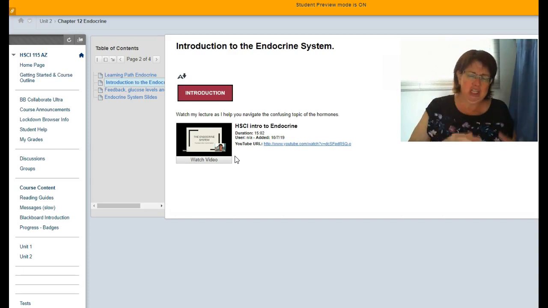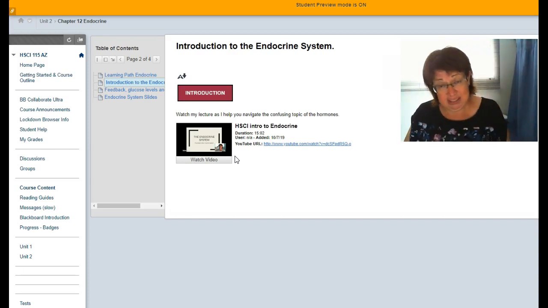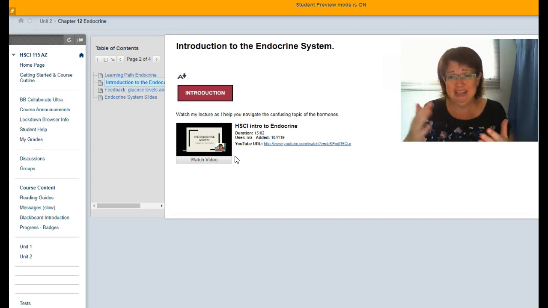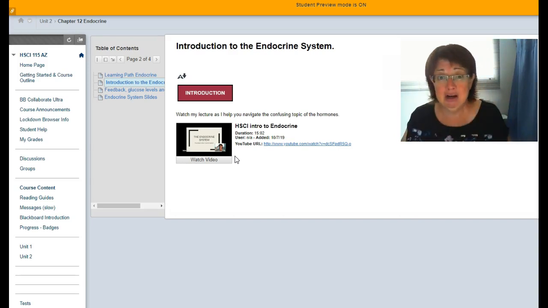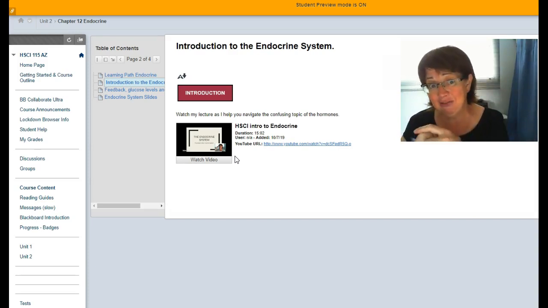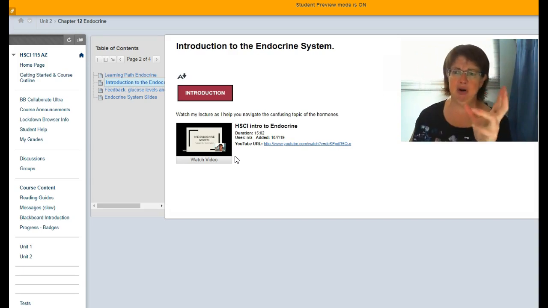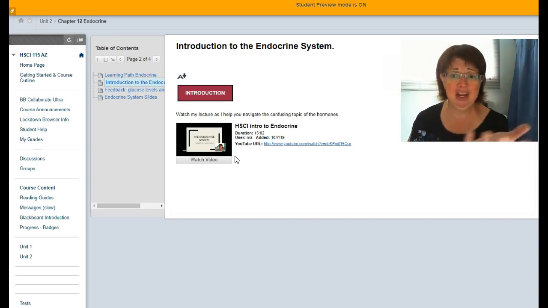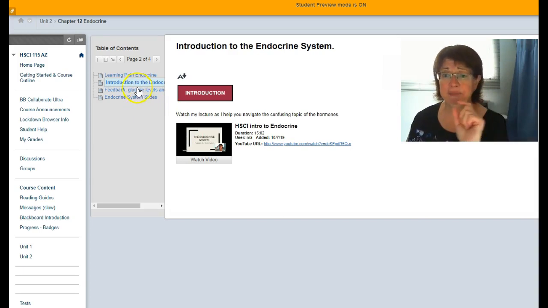So it's tricky, and then that other organ will release something or do something else. So the endocrine system is tricky because it has many parts, and then also it feeds back. So this is where I want you to pay attention to feedback loops, because the fact that the body can self-regulate itself is very important. And also that's part of disease, because once the regulation is gone, then you have some issues.